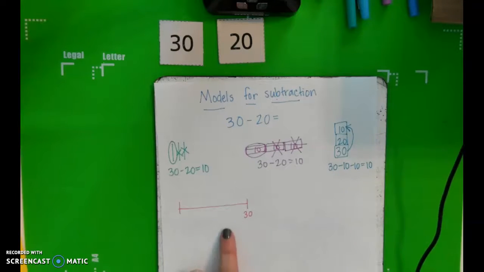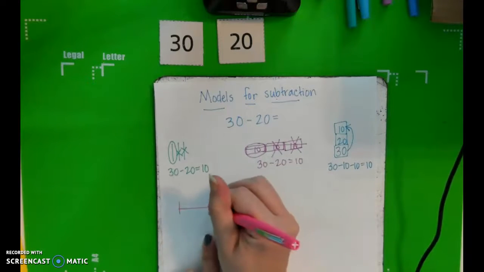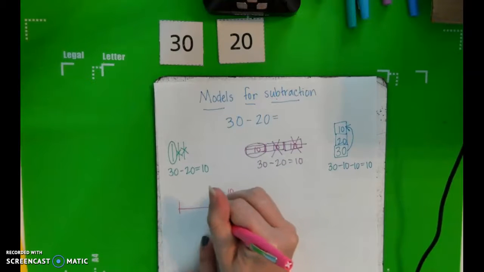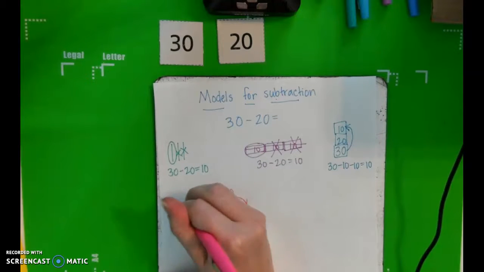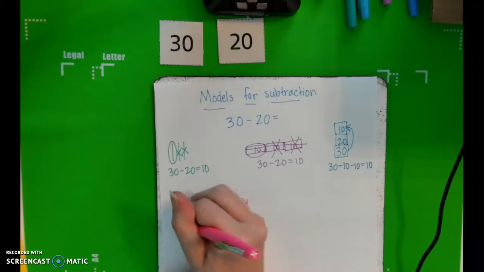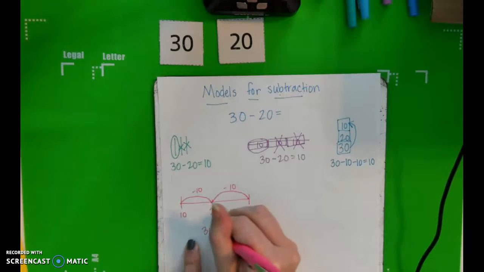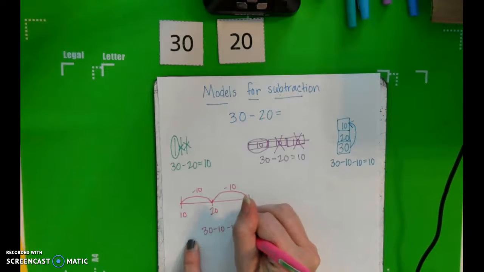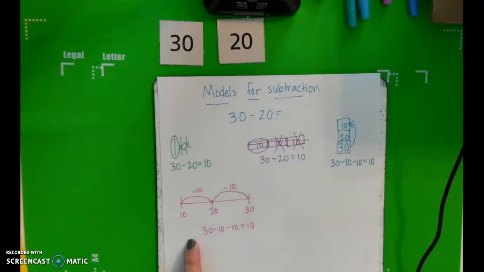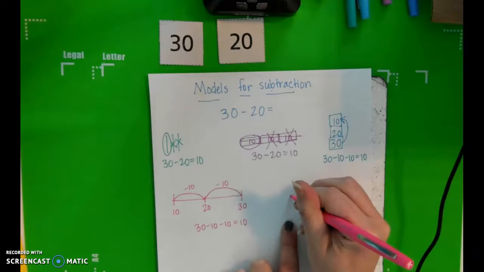So I could do that two ways. I can draw it as two jumps of minus 10. 30 minus 10 is 20. And 20 minus 10 is 10. So that would look like this. 30 minus 10 minus 10 equals 10. Or maybe you want to do one big jump.